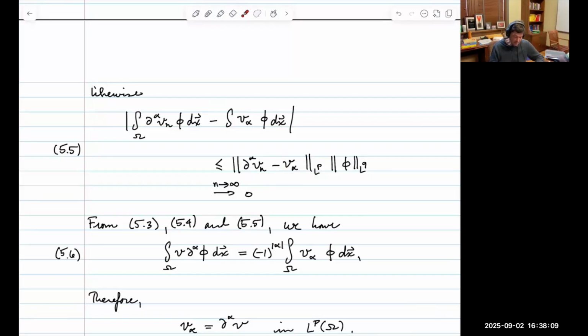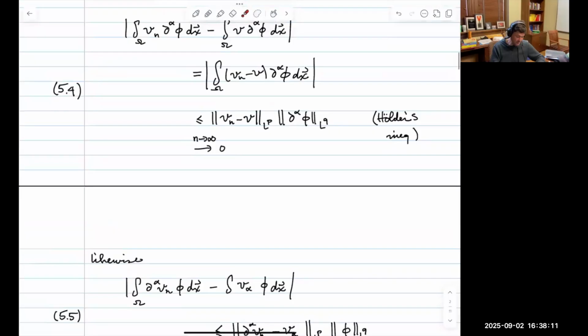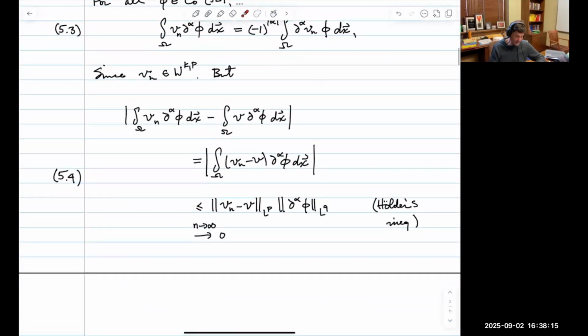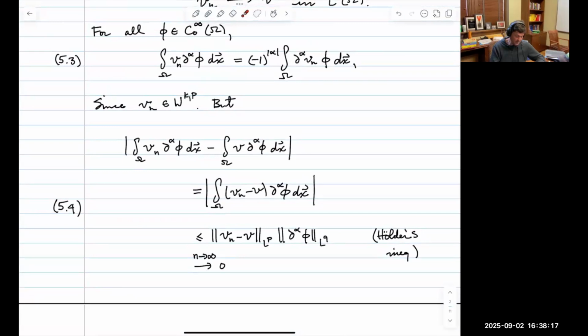Now what I'm going to do is put 5.4 and 5.5 together, and I'm also going to use 5.3. So I know that this integral and this integral have to be on opposite sides of each other, but I just showed that this integral here and this integral here are very close to each other.